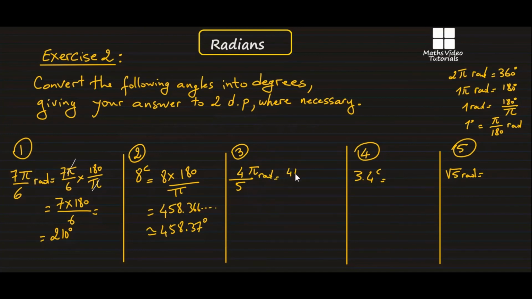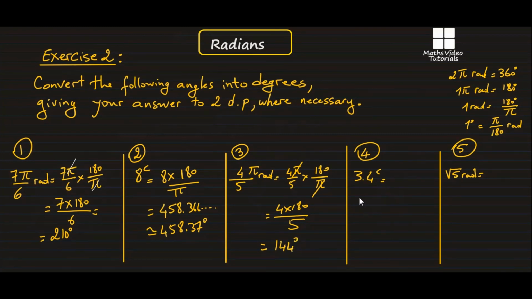So 4 pi over 5 times 180 over pi. Again the pi will cancel out, so you'll be left with 4 times 180 over 5. You plug this in your calculator and you get 144 degrees.